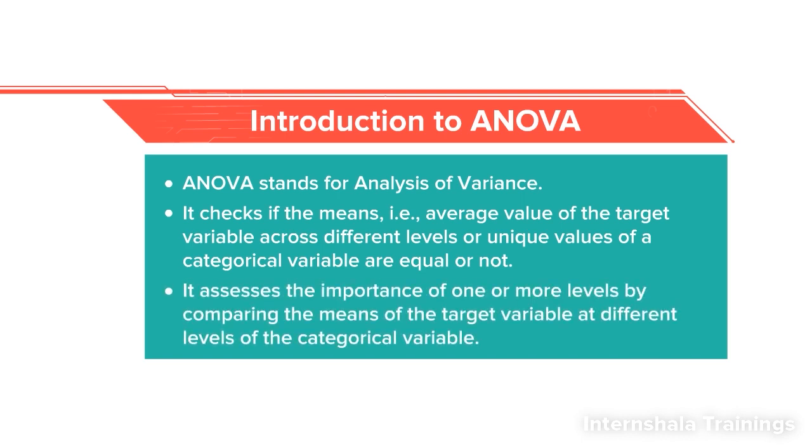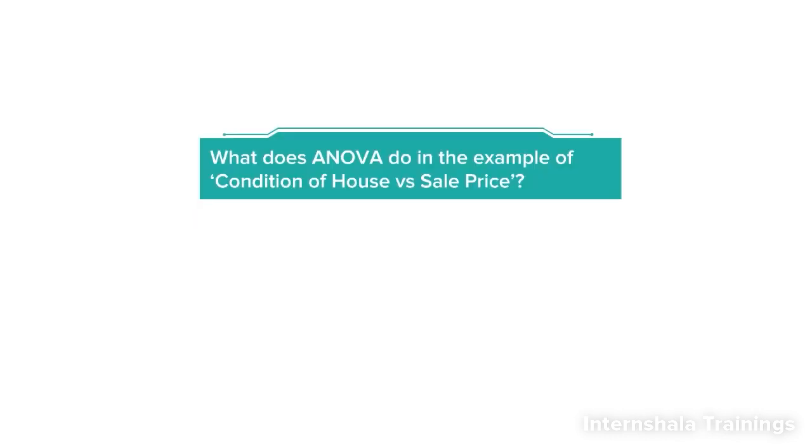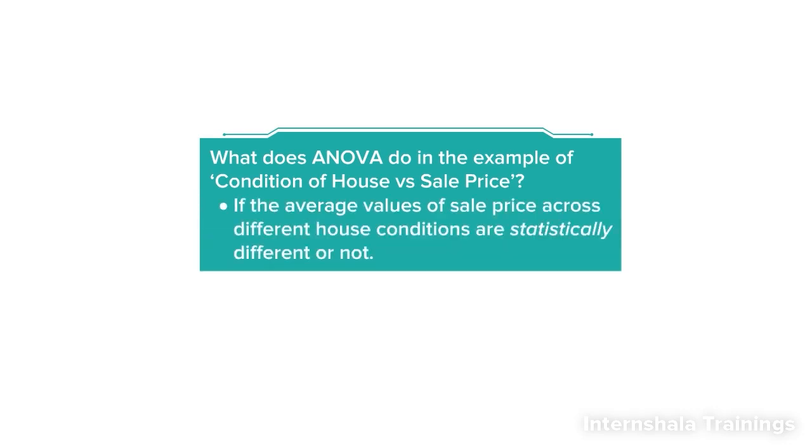It assesses the importance of one or more levels by comparing the means of the target variable at different levels of the categorical variable. So basically, in our example of condition of house versus sale price, it looks at the average sale price across different house conditions and concludes if the average values are statistically different or not.